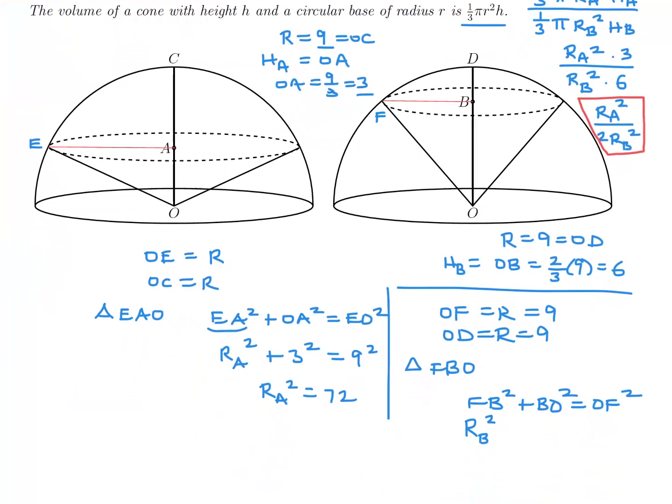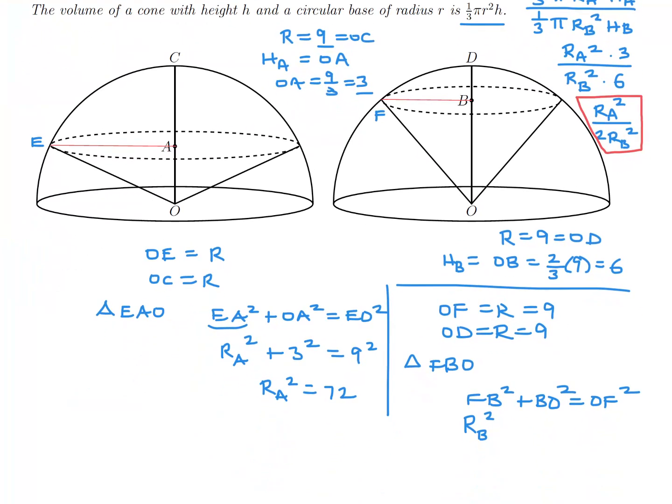Did we? Oh yeah, right here. It's 6. And then OF is the radius of the entire sphere, so that's 9. So that means RB squared is 81 minus 36, is what, 72? No, sorry. 81 minus 36 is not 72. It's 45. I've got that 72 stuck in my head.